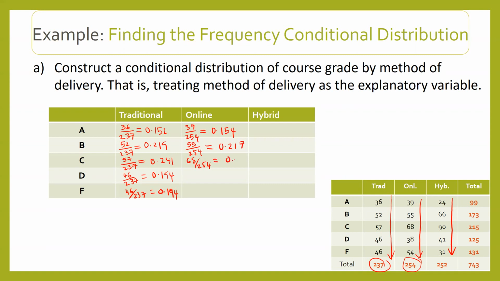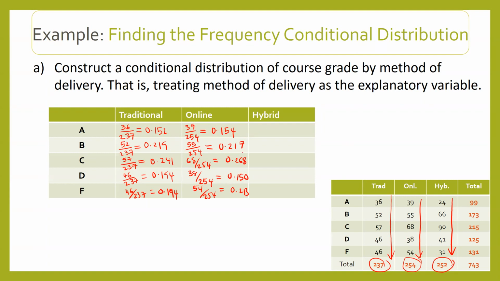That will be 0.268. 38 over 254. That will be 0.150. Lastly here, 54 over 254, that will be 0.213.